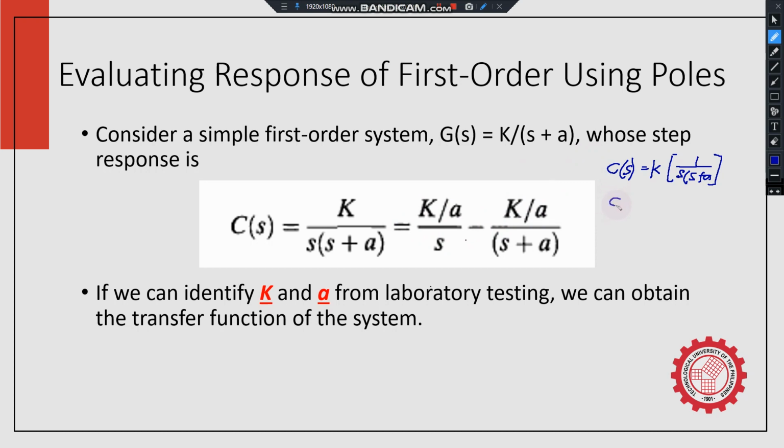So C of S equals K times 1 over S plus 1 over S plus A.